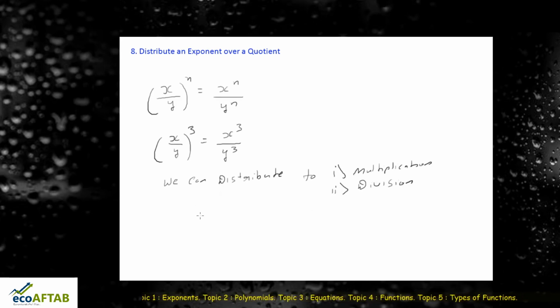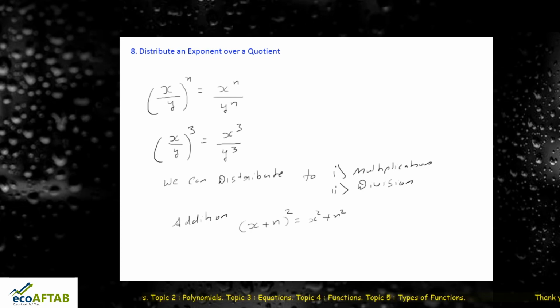We cannot go for distribution in the case of addition. For example, I cannot say (x plus n) the whole square is x square plus n square. This becomes absolutely wrong. So distribution is applied only in the case of multiplication and division.